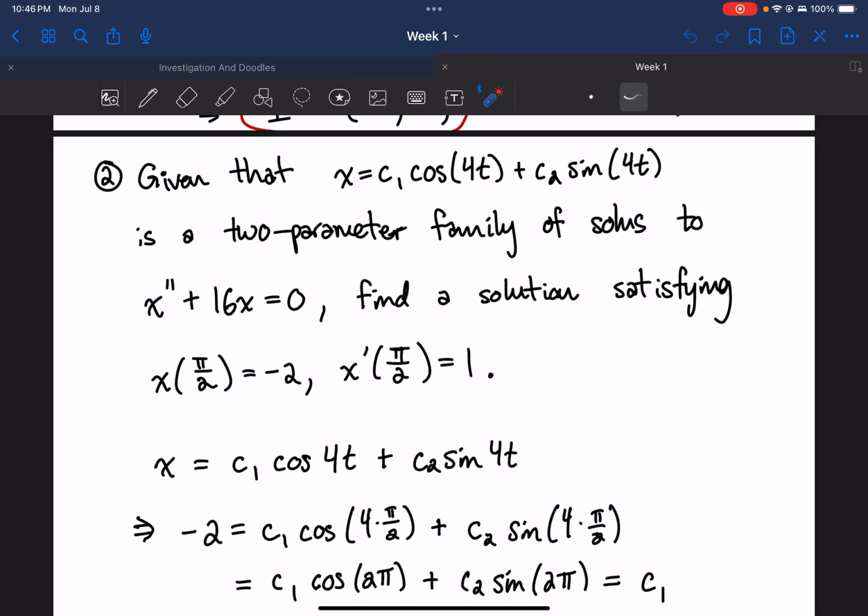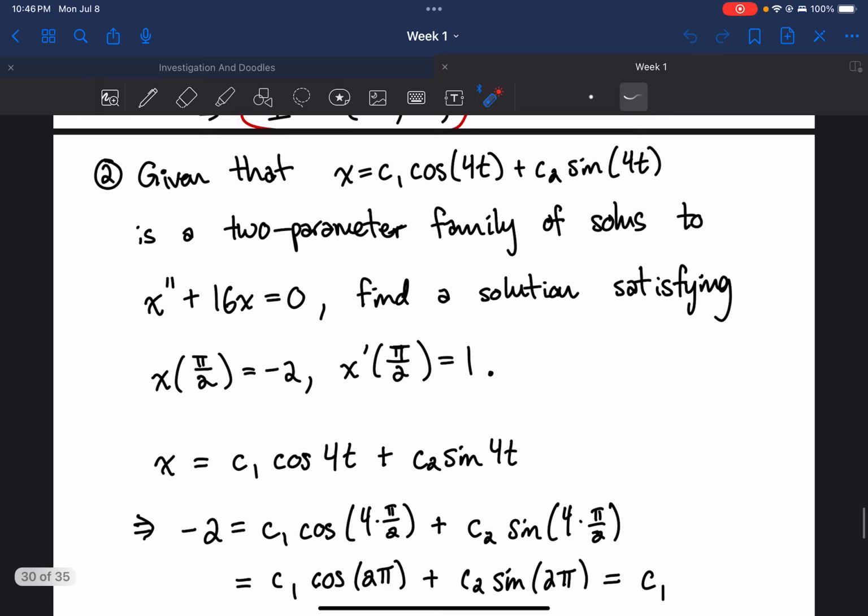Since this is a second order differential equation, I'm going to need two initial conditions, right? Two initial conditions to pin down a specific solution. That's also pretty easy to see because we have two unknowns in our general solution. And how do you solve for two unknowns?